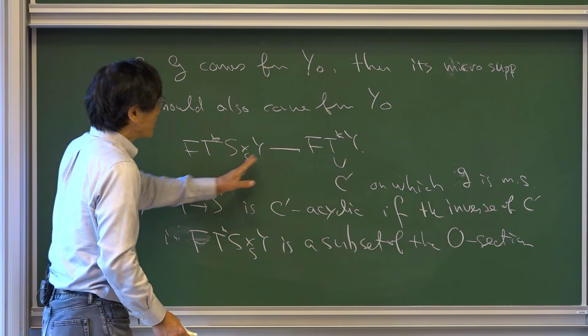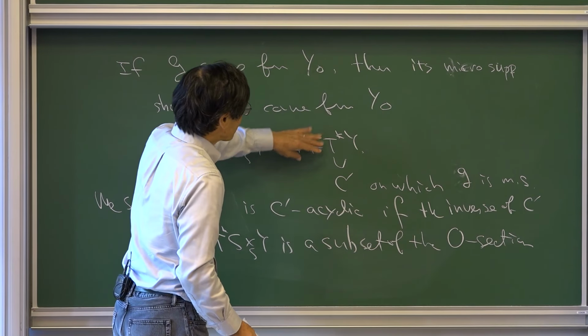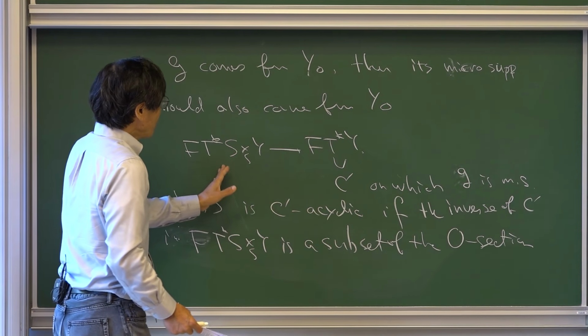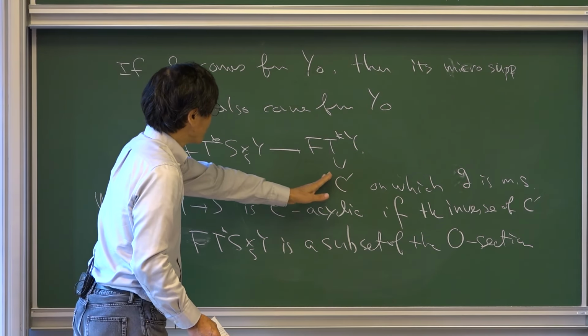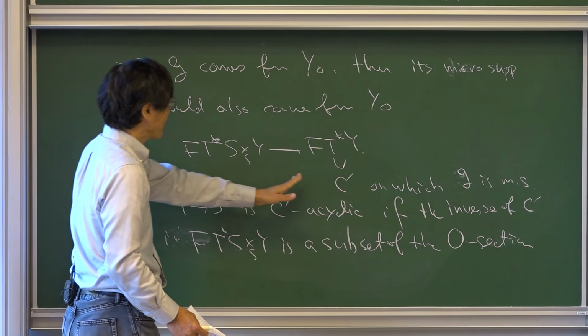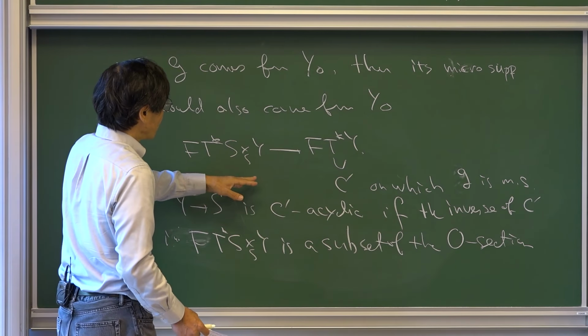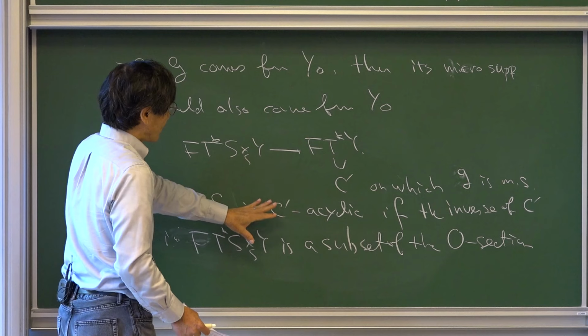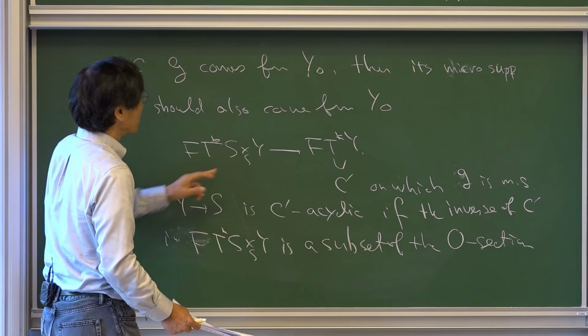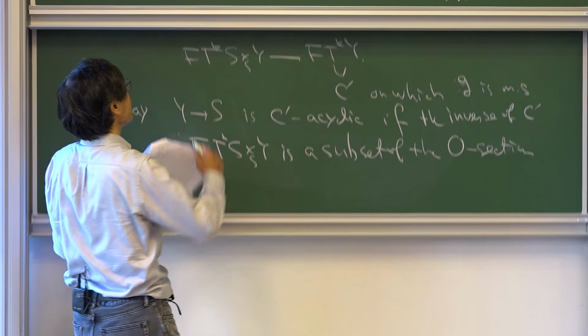We don't have a direct sum decomposition, but we have this injection, so we can consider the pullback here, and we require this condition: the inverse image is a subset of the zero section.